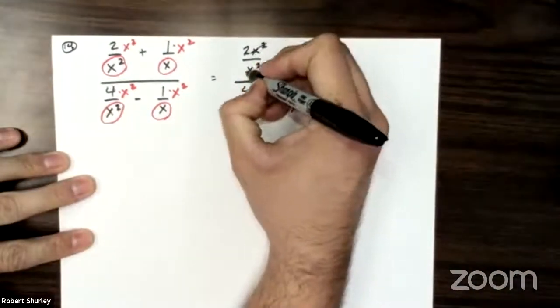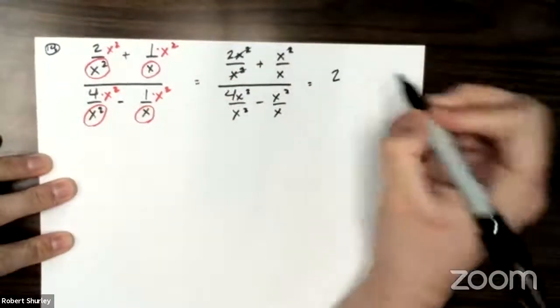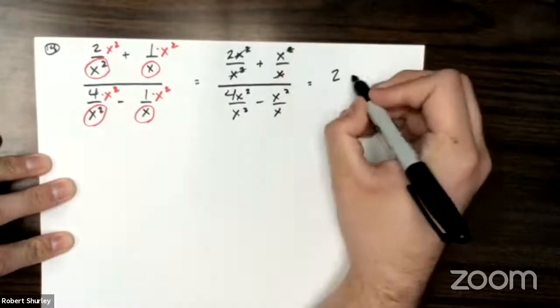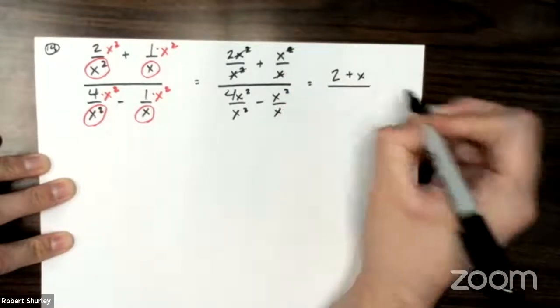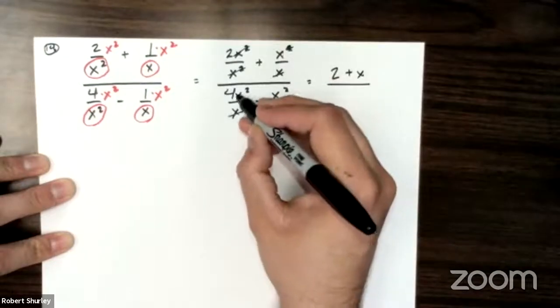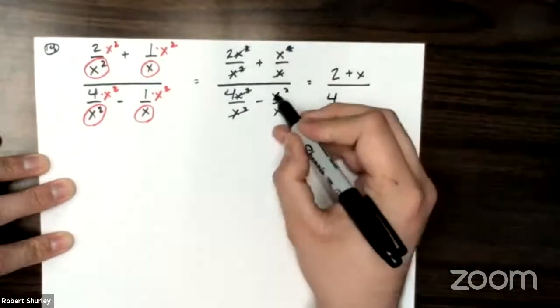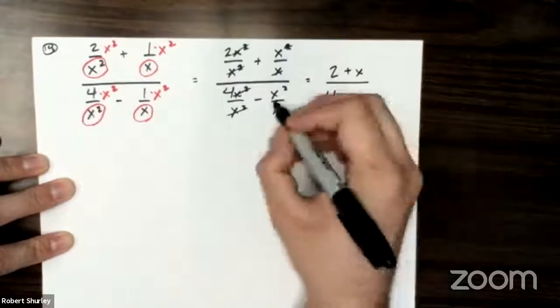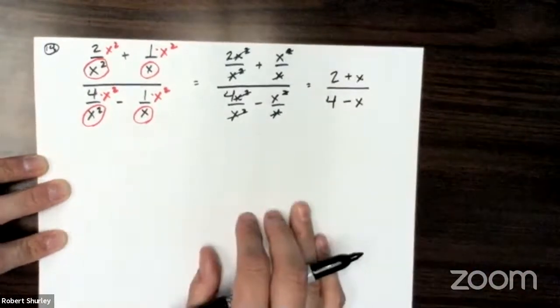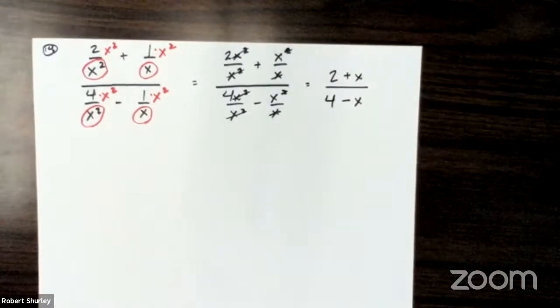This first term, the x squared goes away, so you're just left with 2. This is x squared over x. Well, that's going to leave us with just an x. The first fraction here, in the denominator, goes to 4. And the second fraction goes to minus x.